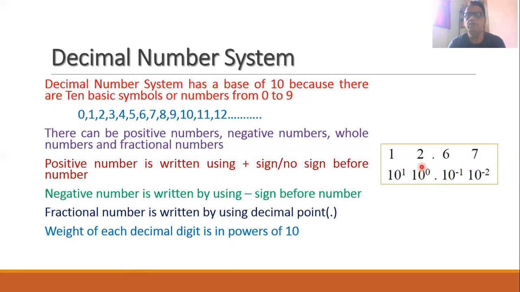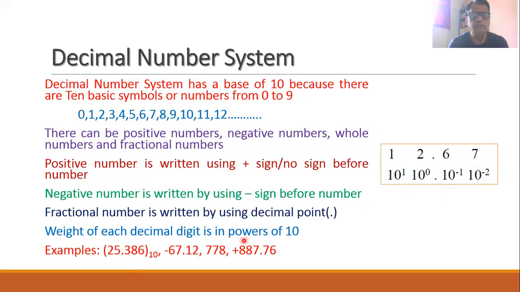So the first digit will have a weight 10 to the power 0, and this one will have a weight 10 to the power 1. And for the fractional part, when we go to the right hand side, the weight will go on decreasing, and this 6 will have a weight 10 to the power minus 1, and this 7 will have a weight 10 to the power minus 2.